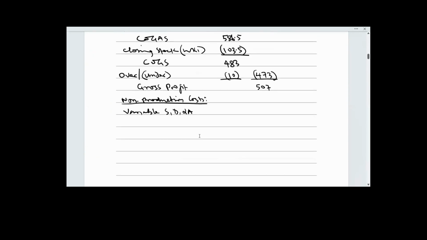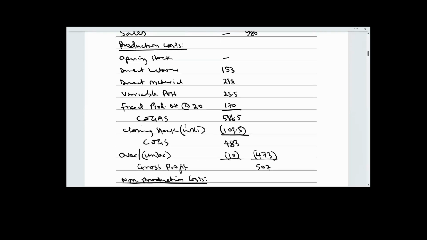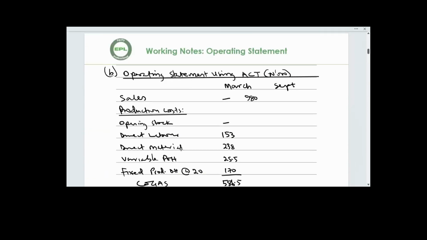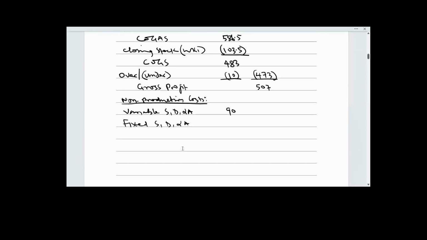So you come here, it is the same thing. You also have fixed selling, distribution, and admin. How much was that? Yes, 90,000. Fixed selling, distribution, and admin is 90,000.